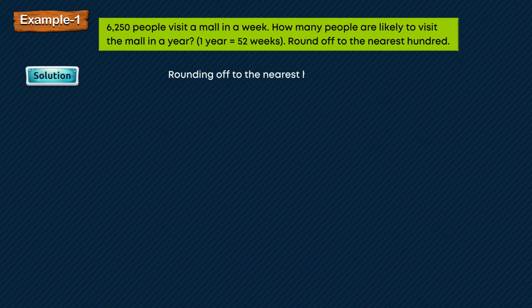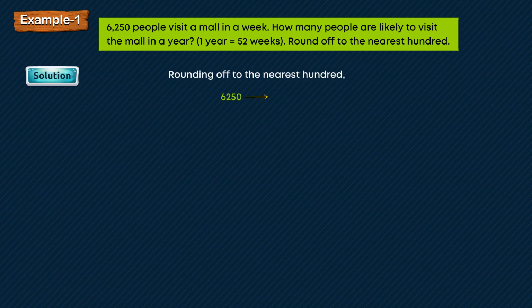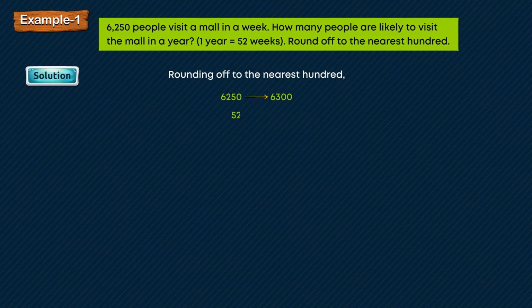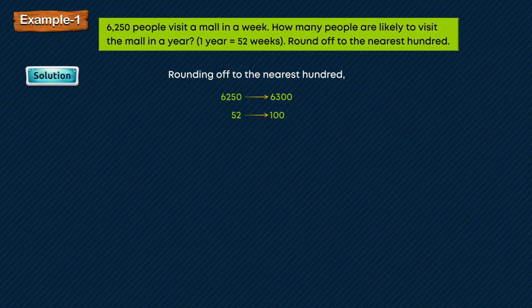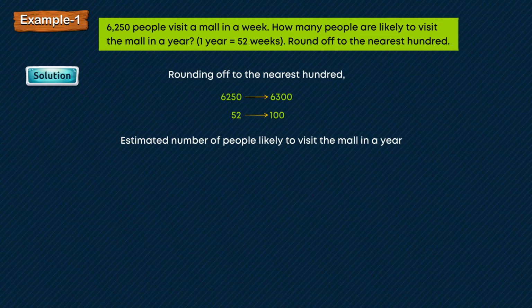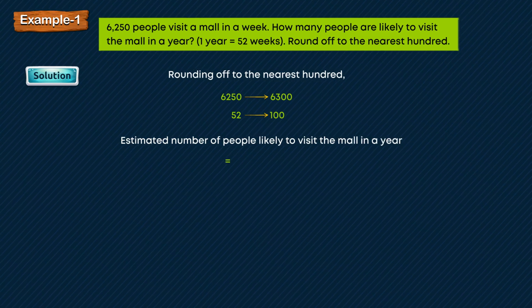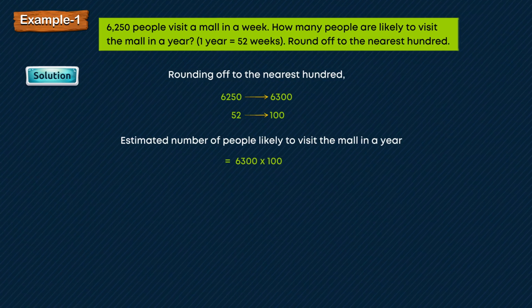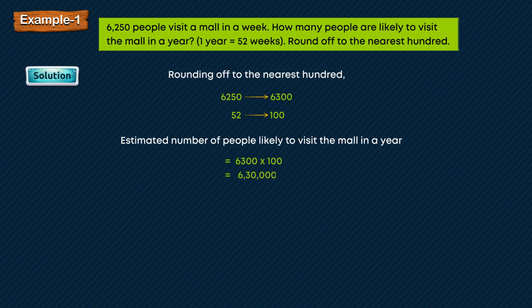Rounding off to the nearest 100, 6,250 is 6,300. 52 is 100. Estimated number of people likely to visit the mall in a year is equal to 6,300 into 100 is equal to 6,30,000.